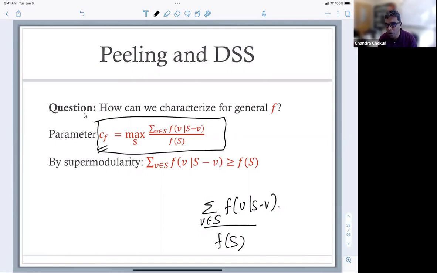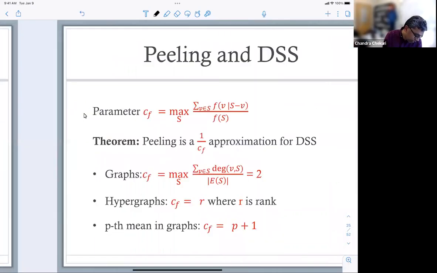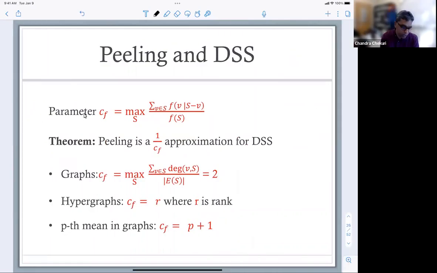And by supermodularity, this marginal value sum is greater than or equal to f of S. So this number is some number bigger than or equal to 1. It's just some parameter that you can define with respect to the supermodular function. And using a very simple proof, we showed that for any supermodular function, the peeling algorithm gives you a 1 over CF approximation.